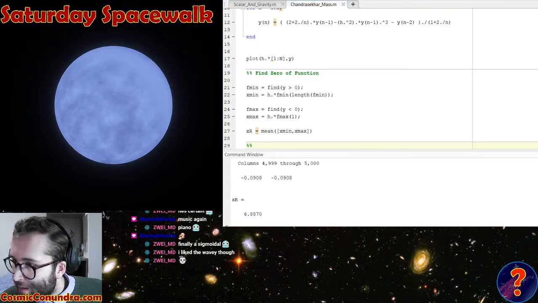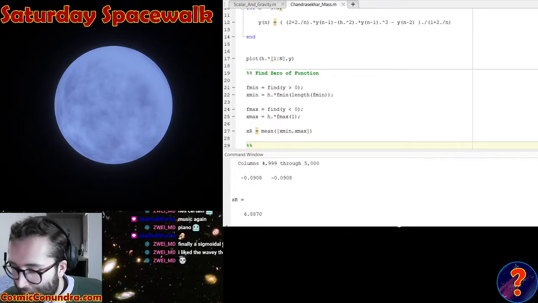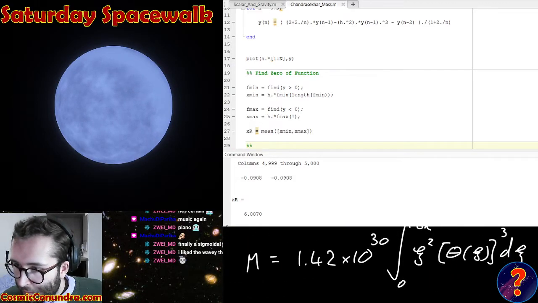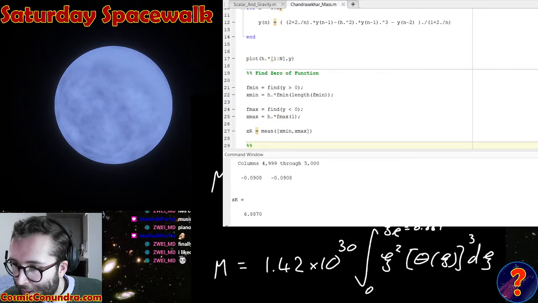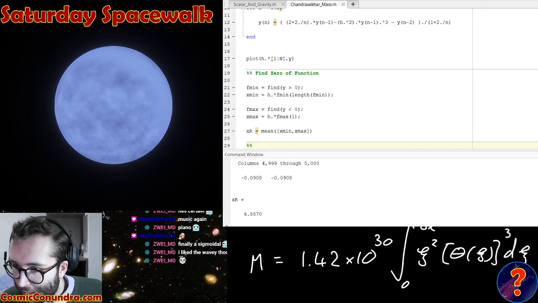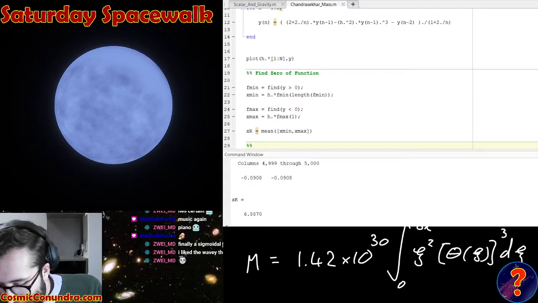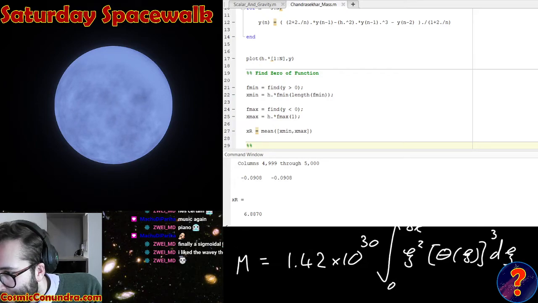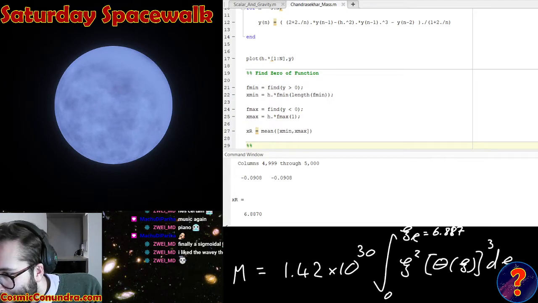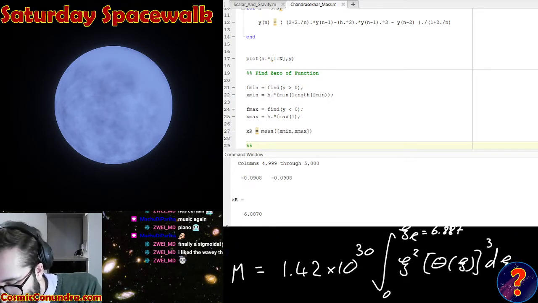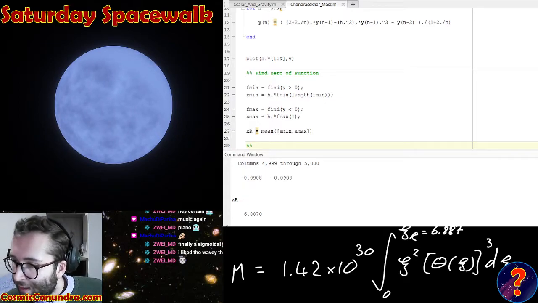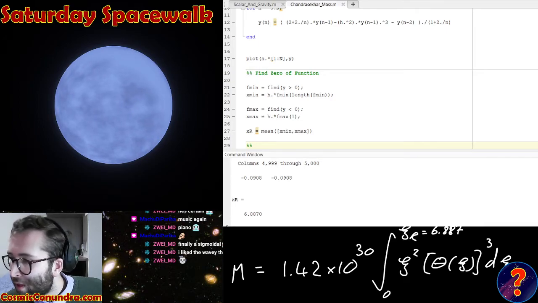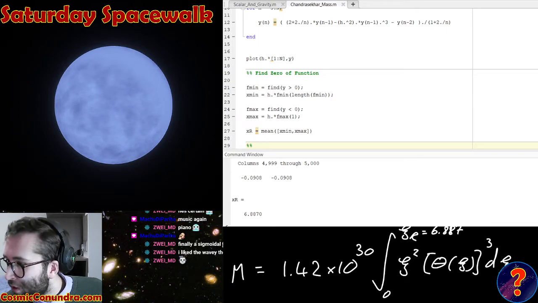Let me move my screen a bit. That's good enough, you can see it there. So now I want to compute this integral numerically.